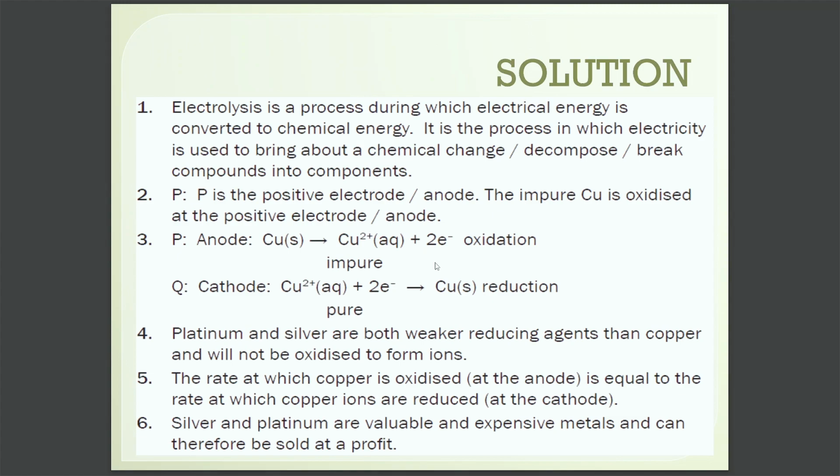It also says the rate at which copper is being oxidized at the anode is equal to the rate at which copper ions are being reduced at the cathode. We have seen this reason before. The question is always focusing on why the solution remains constant in the reaction. Why are they asking about the copper sulfate solution, the electrolyte, why should it always remain constant during the reaction? It's because of those two electrodes that you and I have in the beaker, one has to perform oxidation, one has to perform reduction.